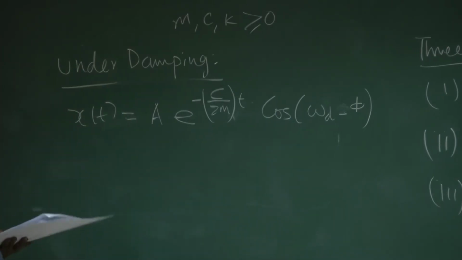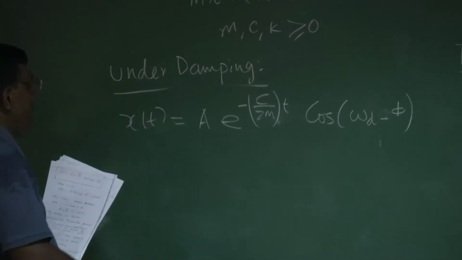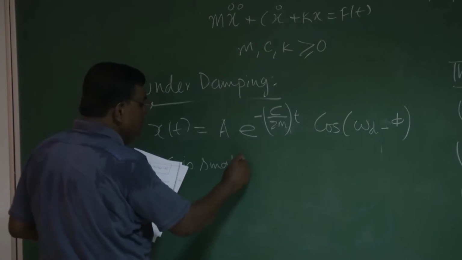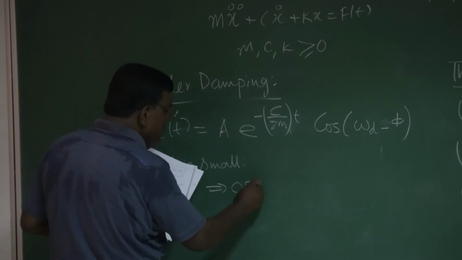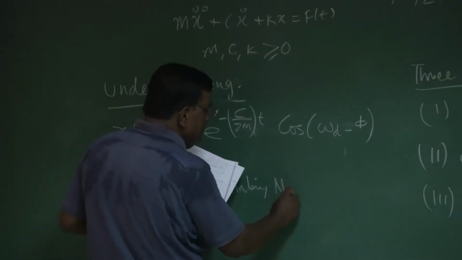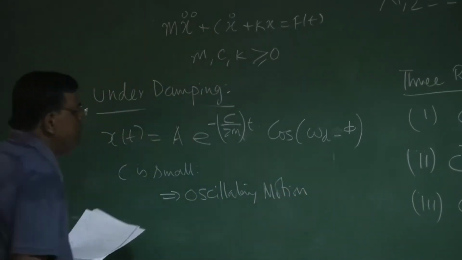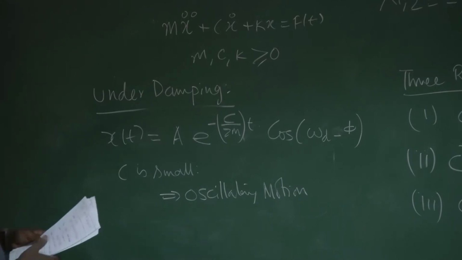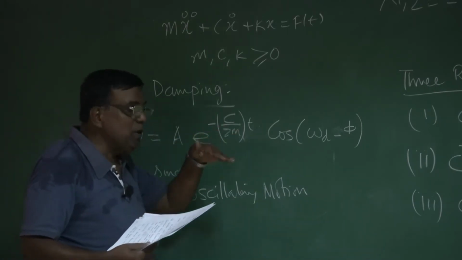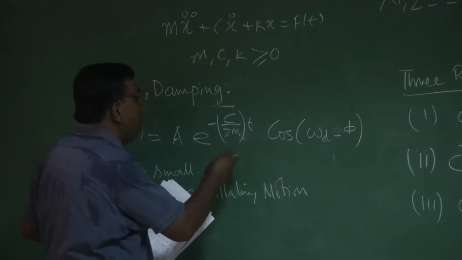You know that if c is 0, it is sinusoidal. If c is small, relatively, it will have oscillatory motion. You see that? Oscillatory motion, because e to the power this is negative, the amplitude will go on decreasing. That is the important thing.